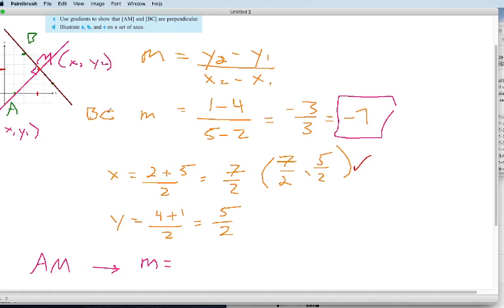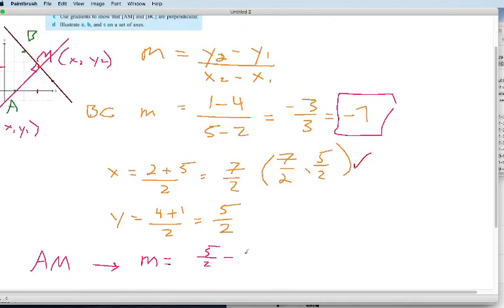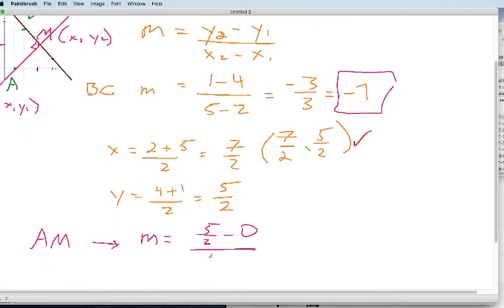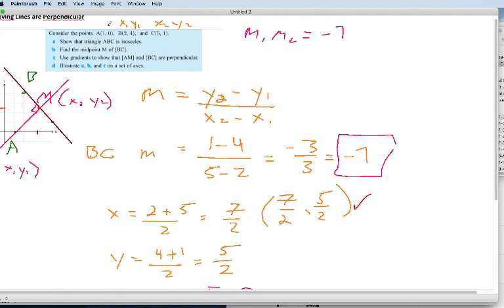So y2, my point of y2 is 5 over 2 minus y1, and my point at A, as you can see, is 0, divided by x2, which is 7 over 2. Remember, this is my x2 in this case, minus x1, which is the x1 at point A, which is 1.